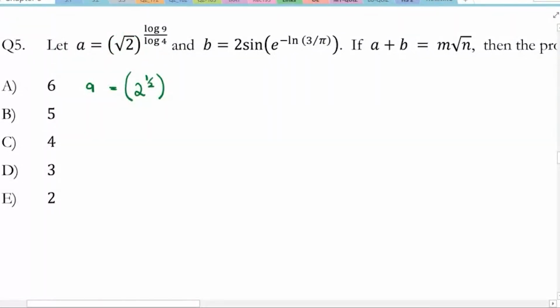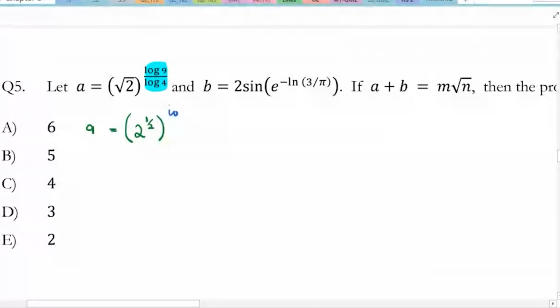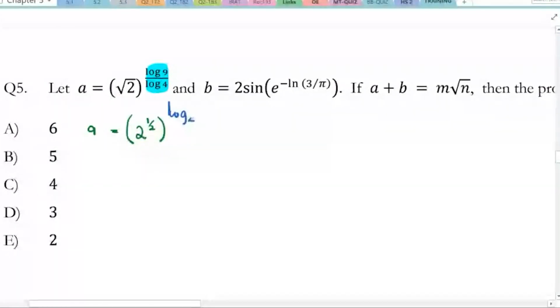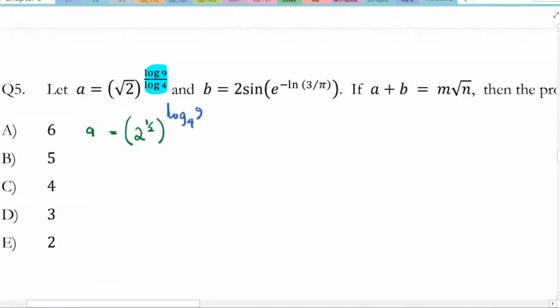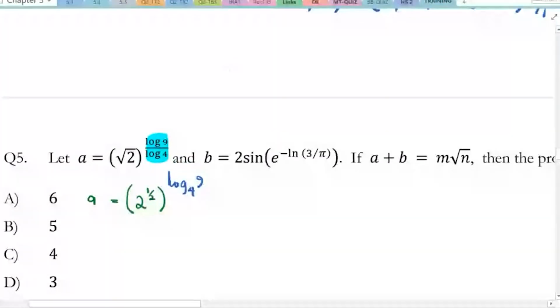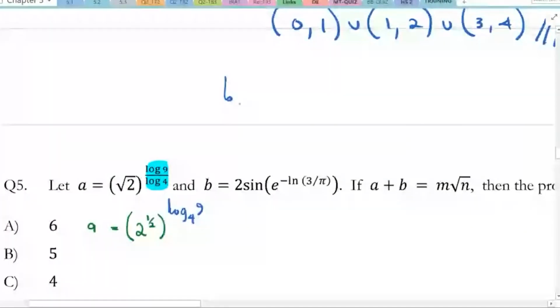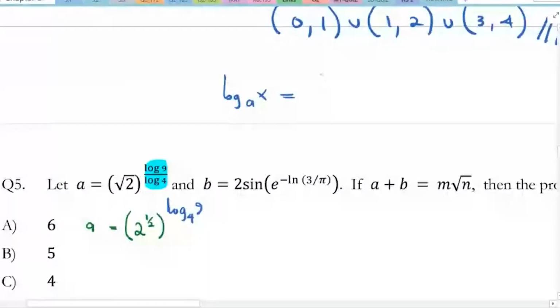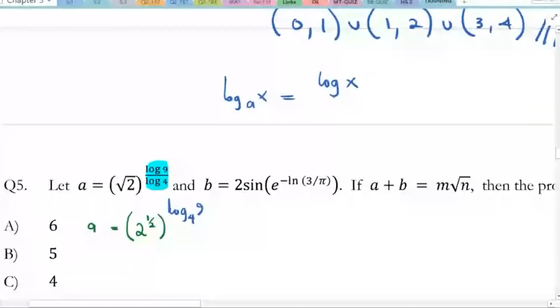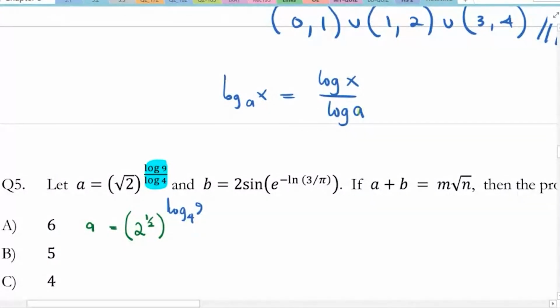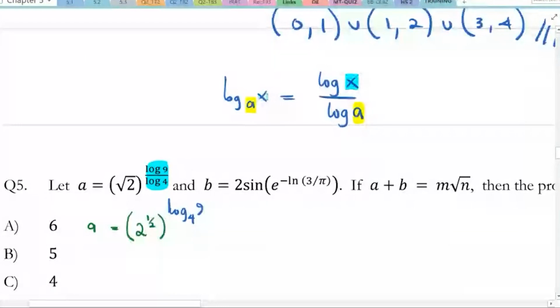Now this is actually change of base. Change of base is: if you have log base a of x, it is equal to the log of the argument divided by the log of the base. In other words, the log of the denominator is the base, and the log of the numerator is always the argument.